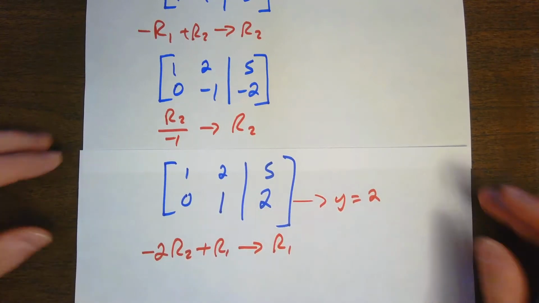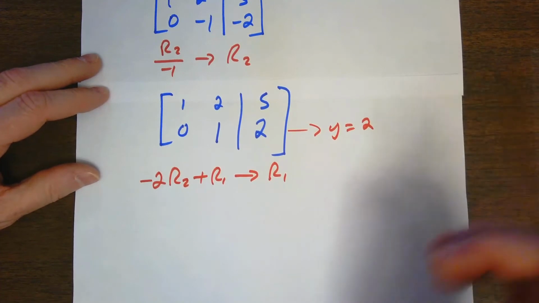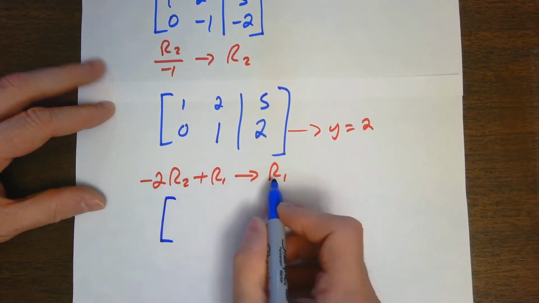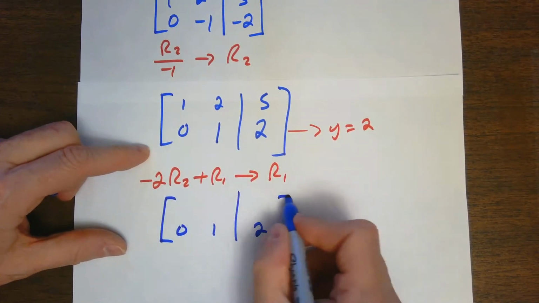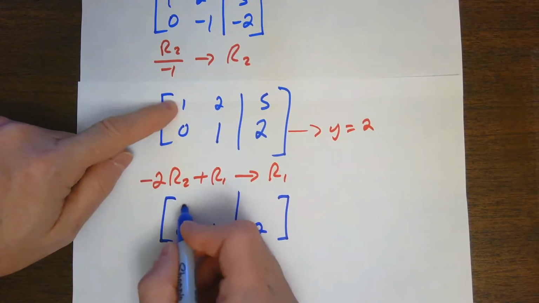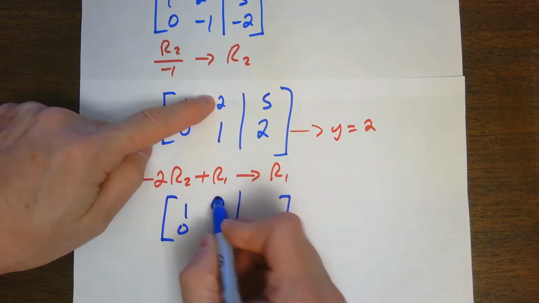By the way, how do you know what to do and when to do it? It all comes with practice. The more practice, it'll start coming to you. It'll start getting easier. All right, so I'm changing row 1. I'm not going to change row 2. Negative 2 times 0 is 0, plus 1 is 1. Negative 2 times 1 is negative 2, plus 2 is 0.